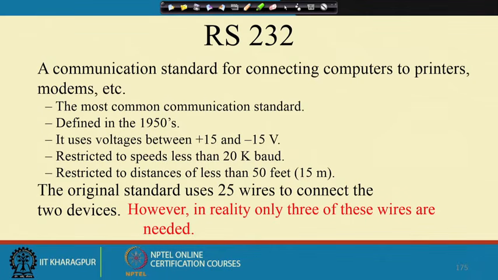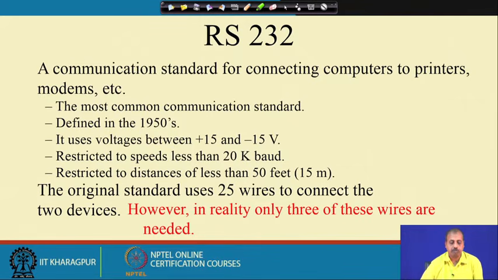One standard for serial communication is the RS-232 standard. It is a communication standard for connecting computers to printers, modems, etc. It has existed since the 1950s, and uses voltage levels between plus 15 volts and minus 15 volts. Minus 15 volts is taken as logic high, plus 15 volts is taken as logic low, and it is restricted to speeds less than 20 kilobaud.